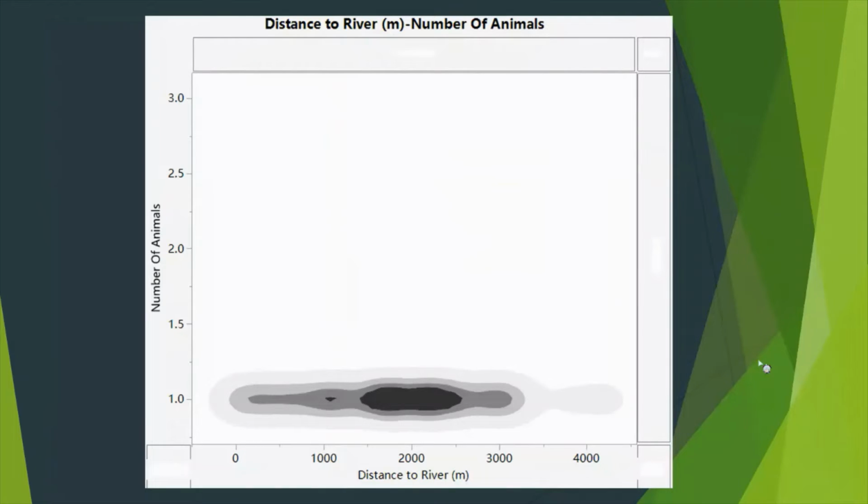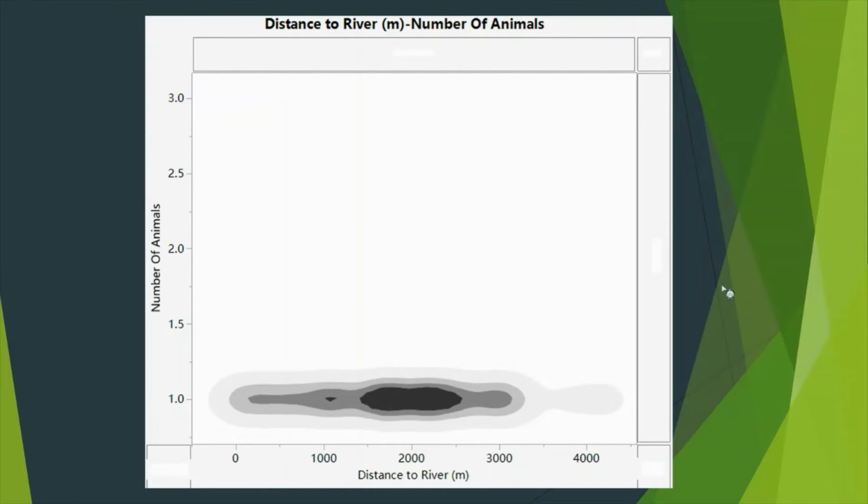Okay, let's go. The map I use here is a heat map. If we find more hyenas, the color on the picture will go darker. So right here, at the distance to the rivers, 1500 to 2500 is darker than other areas, which means that we can find more hyenas at this distance to the river.